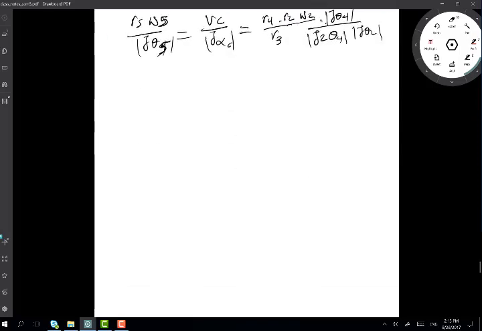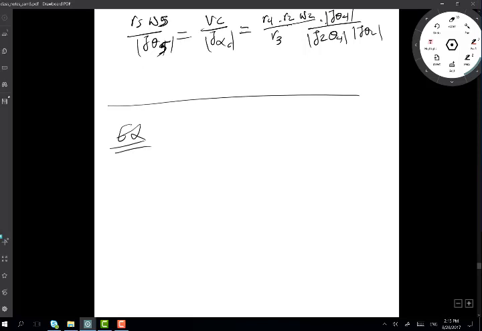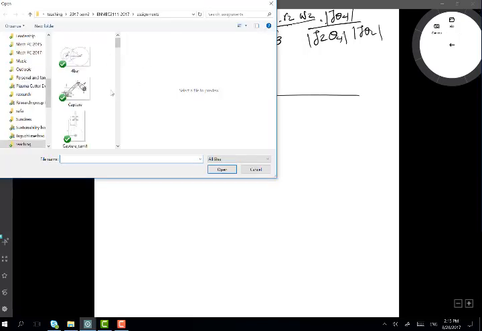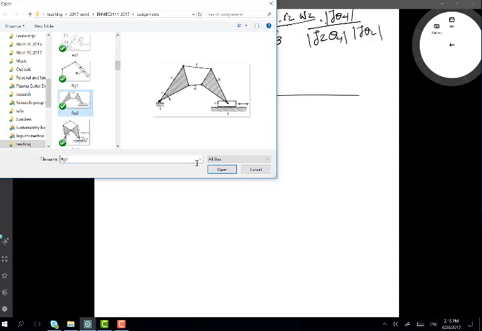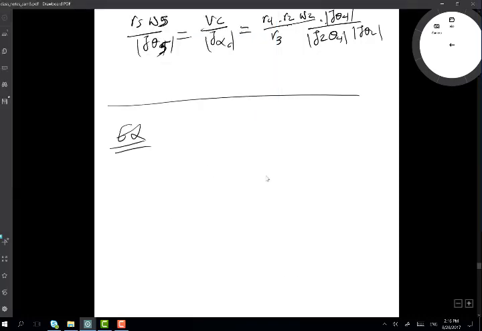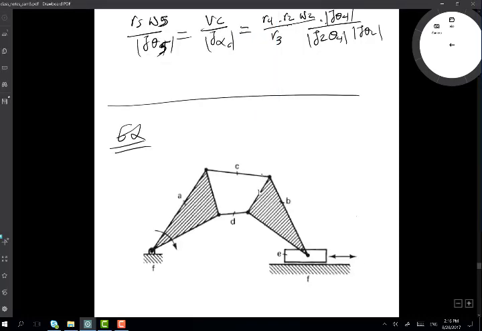Sometimes you get complicated cases, so I'll try to find an example which shows an interesting situation. Okay, we have this example which I did speak about before.